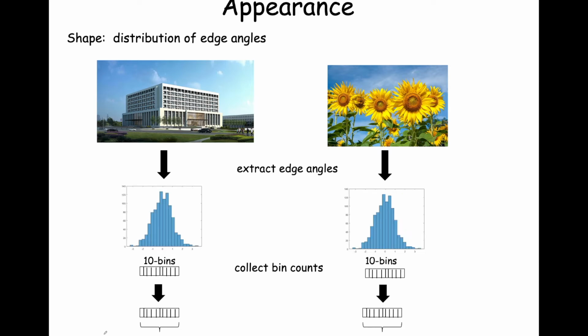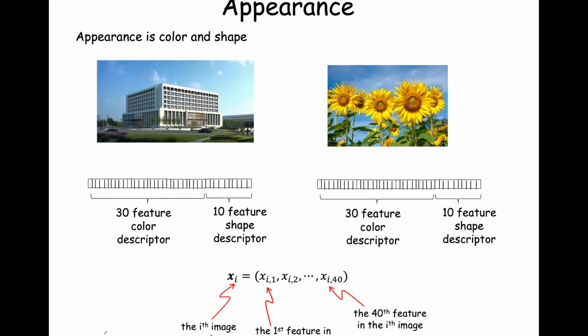We also can do the same thing with the edge map concerning the edge orientations as a descriptor of the shape of the content in the image. We concatenate together the vector for the color with the vector for the shape to form our appearance-based feature. And in this case, we had 10 bins in the histogram for RGB as well as for the edge orientation theta to form a 40 vector.